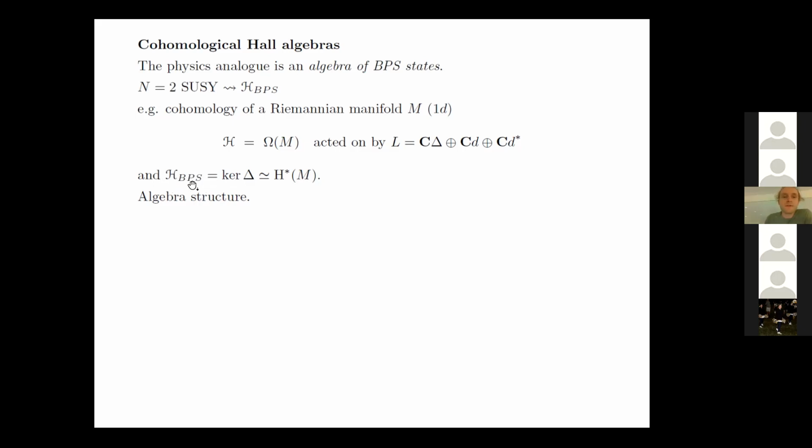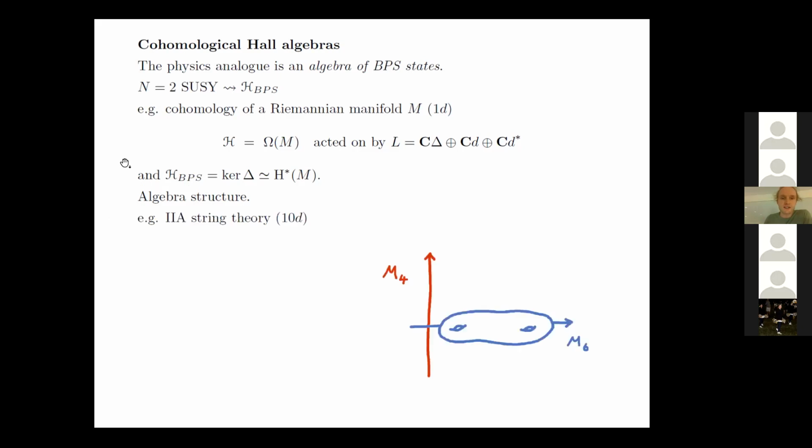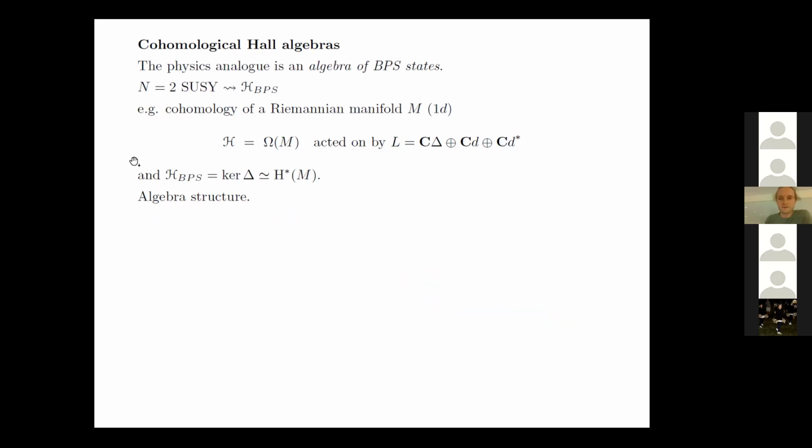So the algebra of BPS states in this case is the kernel of the Laplacian, which by Hodge theory is just the cohomology of this manifold, and this has an algebra structure, which is part of the general pattern that you expect the algebra of BPS states to have an algebra structure. Sorry, now I'm totally confused, because the kernel of the Laplacian is a space of harmonic forms. There is no associative algebra structure on harmonic forms, only an infinity structure.